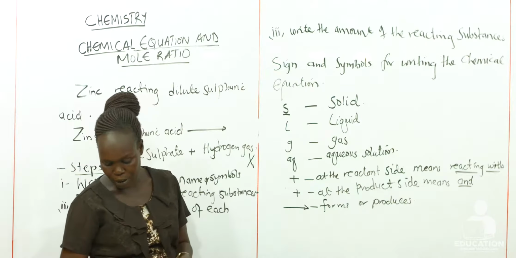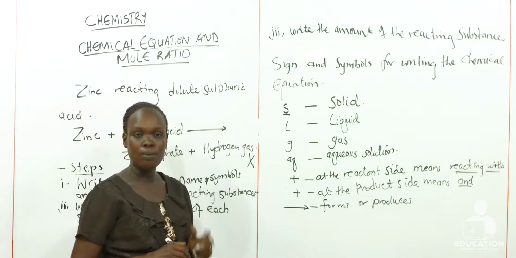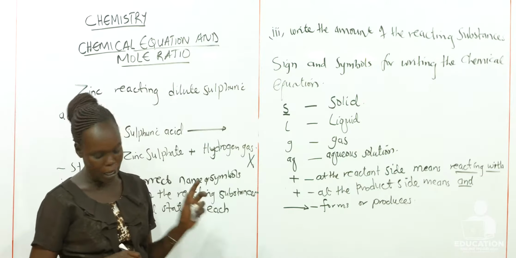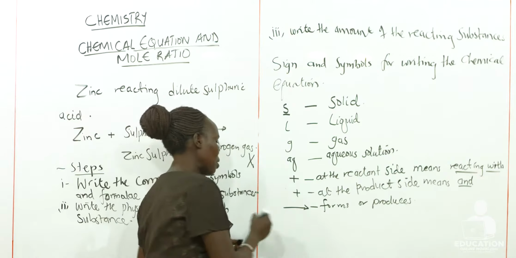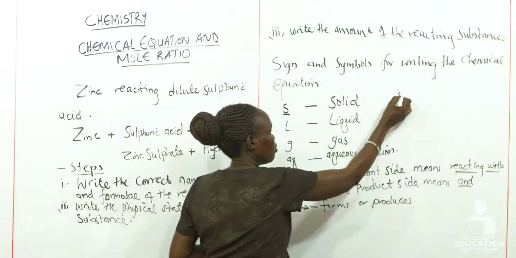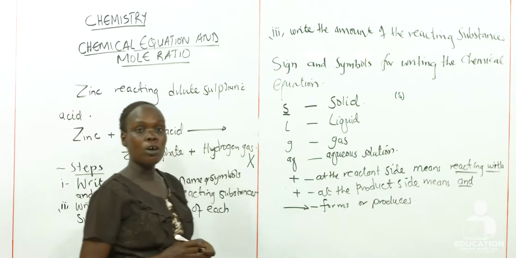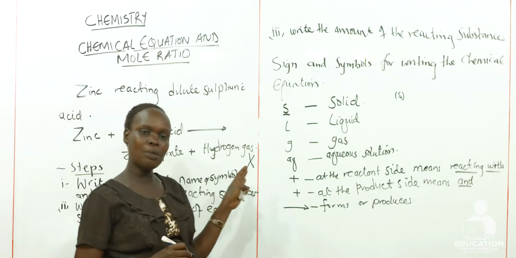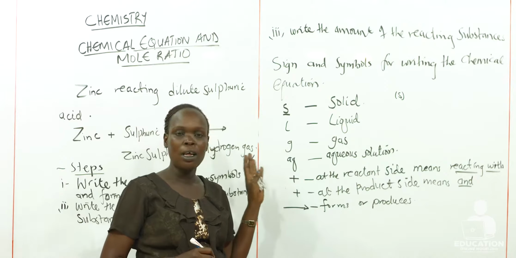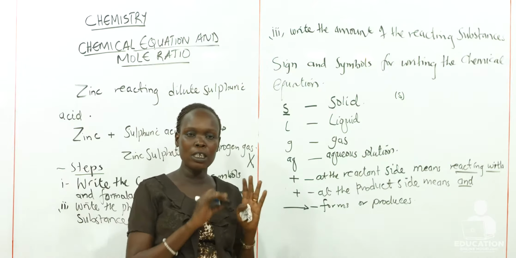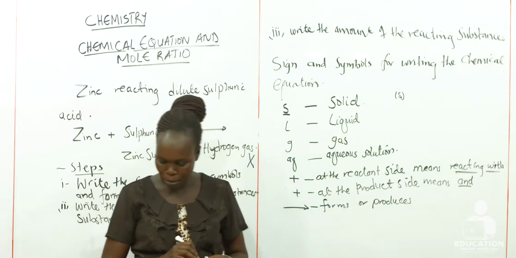Note that the symbols are usually placed in parentheses or brackets. For example, S, which is for solid, you need to put inside the bracket. Or liquid, which is represented by L, you put in small letters.